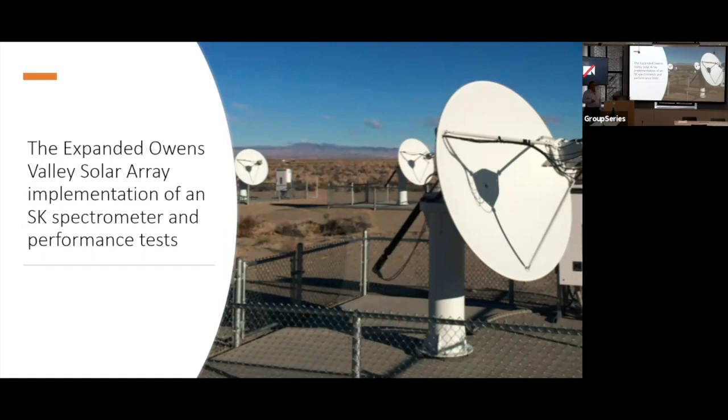But now we have an array of 13 antennas that produce every second an image of the sun at several hundreds of frequencies, in the 1 to 18 gigahertz range. With these frequencies, we can infer a lot of properties of the solar corona.